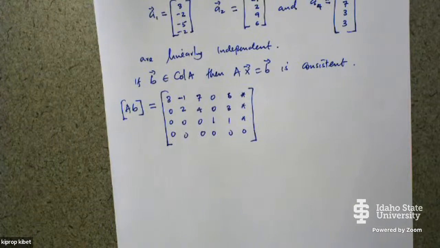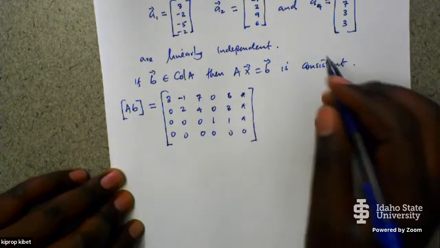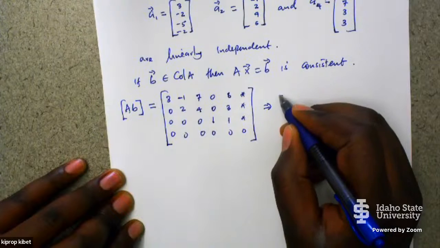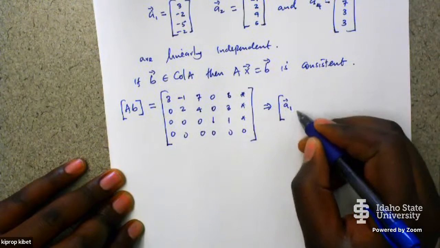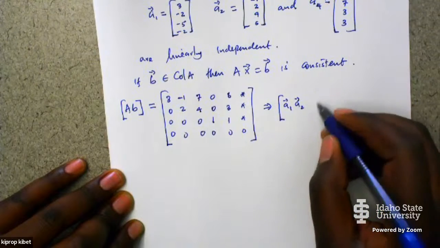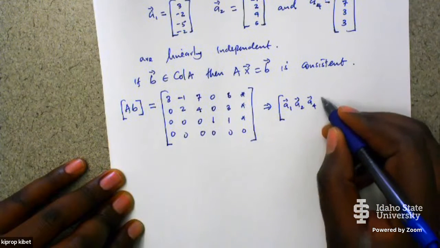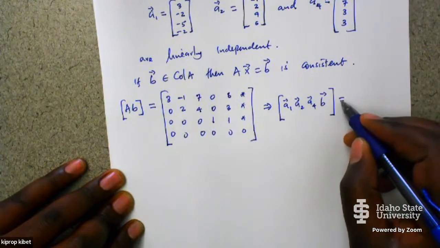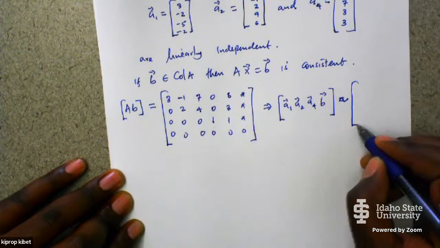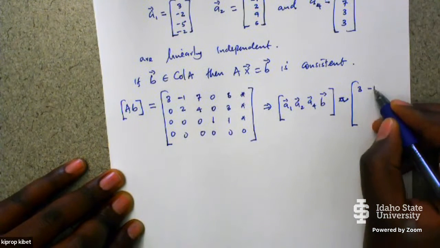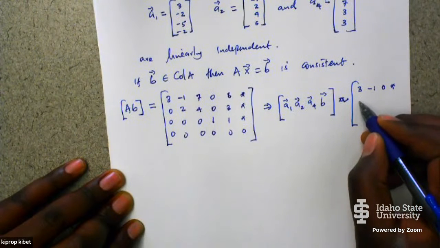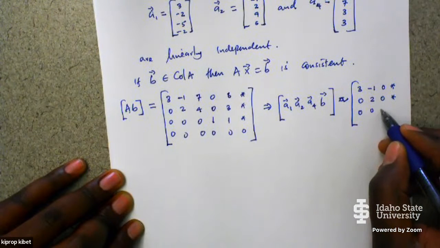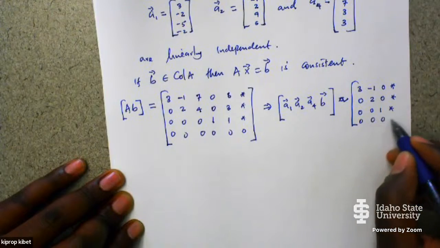So therefore, it means that A1, A2, and A4, and our B are equivalent to this matrix here, which is 3, -1, 0, and that, 0, 2, 0, and that, and then 0, 0, 1, and that, and then we have 0, 0, and 0 there.